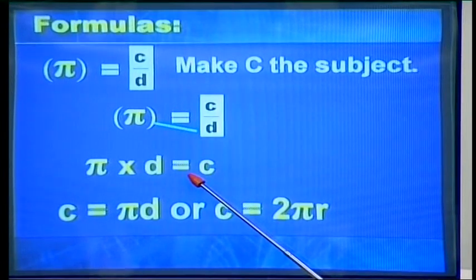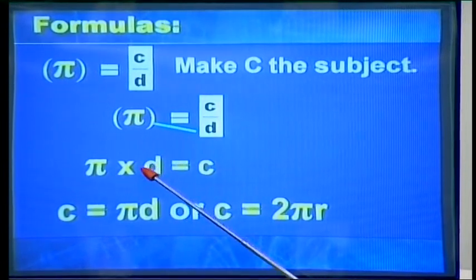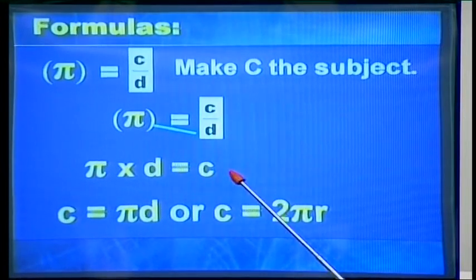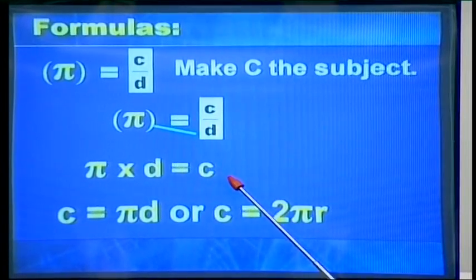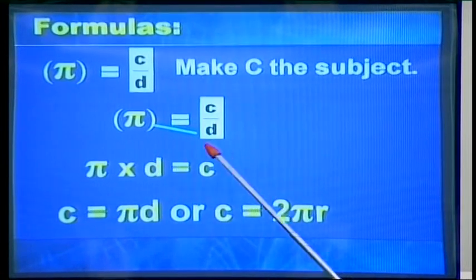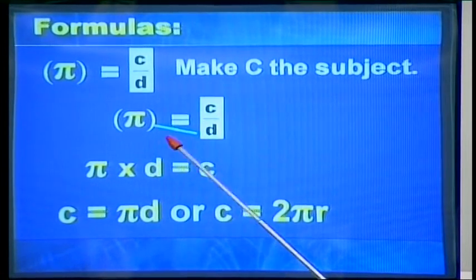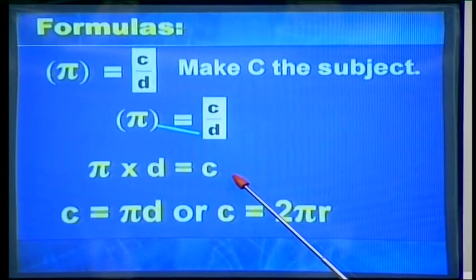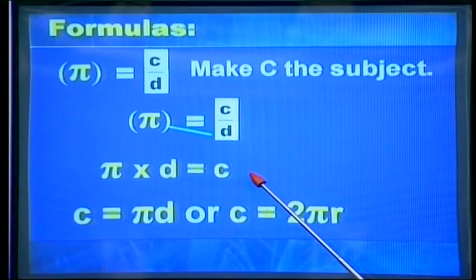C equals pi times D. We are trying to make C the subject because we are going to be using this formula to calculate the circumference. C is in place of the word circumference.